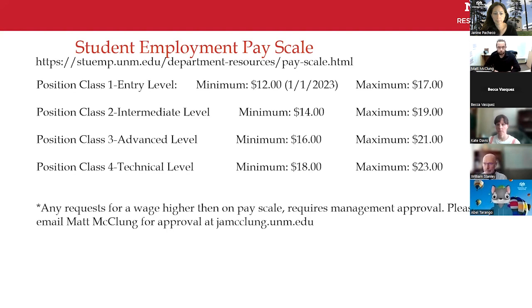Continuing with our position classes, we have our third class, which is the advanced level, in which the minimum wage needs to be $16, and the maximum is $21. And finally, our technical level specialist class, the minimum was $18 and the max was $23.